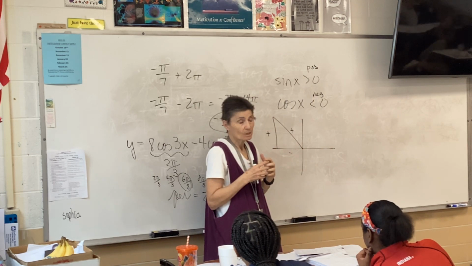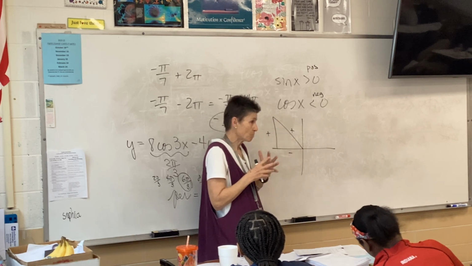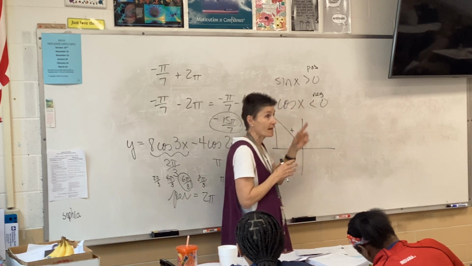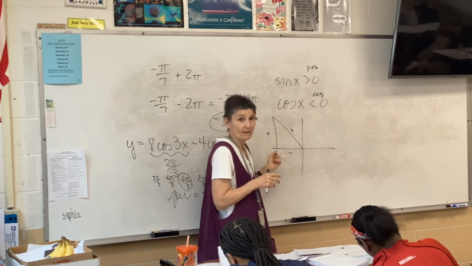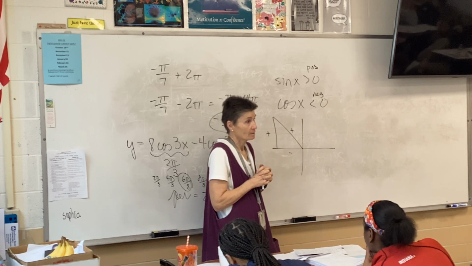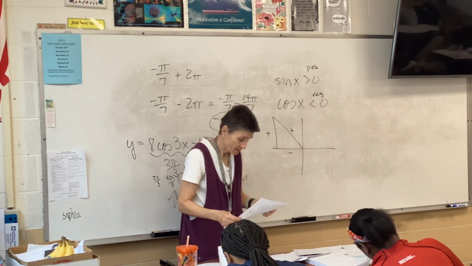Y. Cosine is associated with x. So basically what this problem is asking is, where is y positive and x negative? Well, that's quadrant 2. Okay? All right, next.